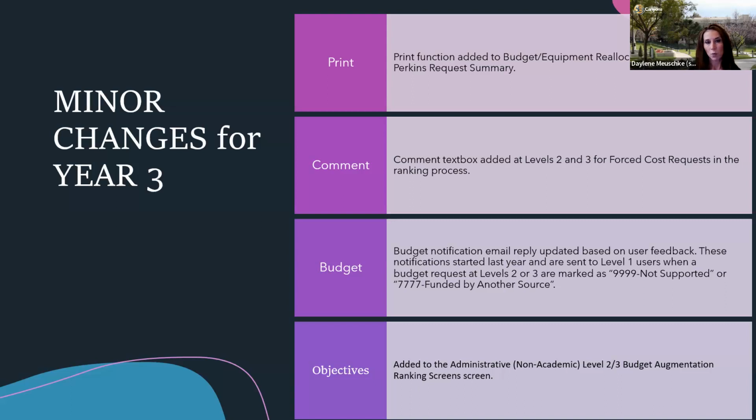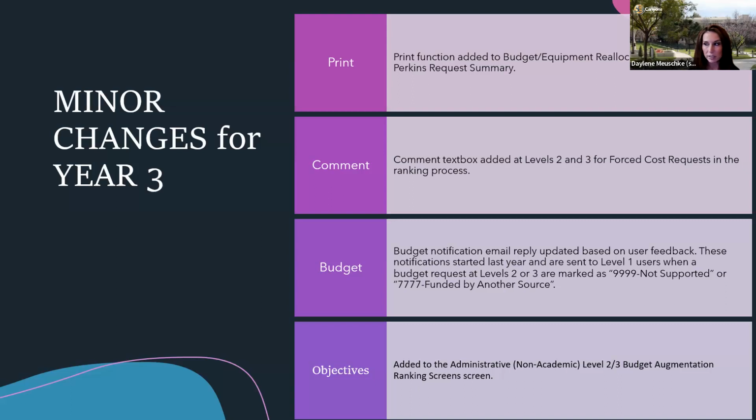And then also for levels 2 and 3, so level 2 is the dean, and level 3 is executive cabinet, they now have a comment box that they can enter comments when they're doing their ranking process for forced cost request. And those would be available to you, but again, those boxes don't appear until levels 2 and 3.